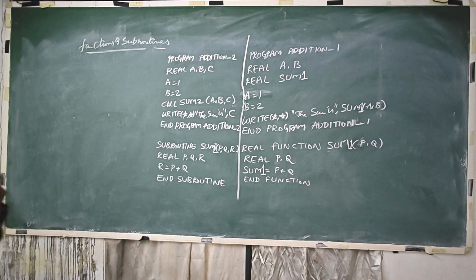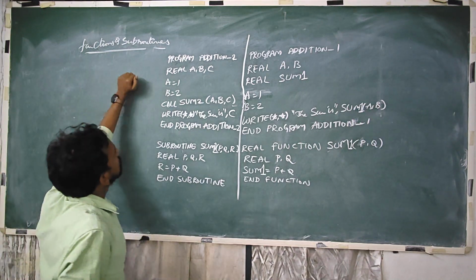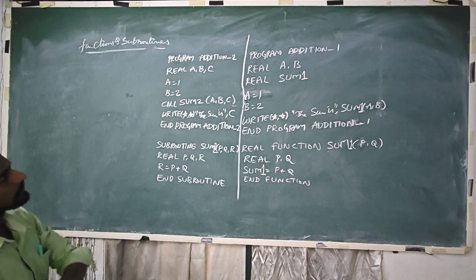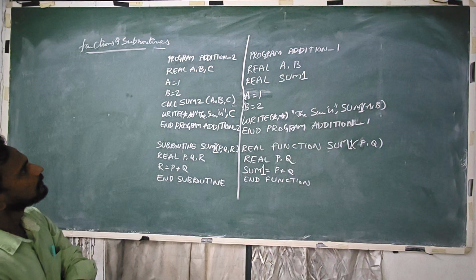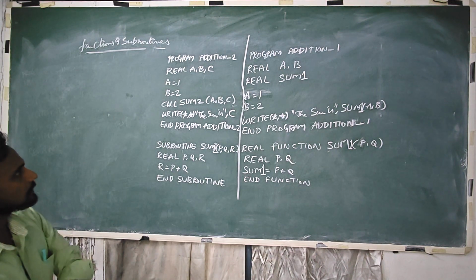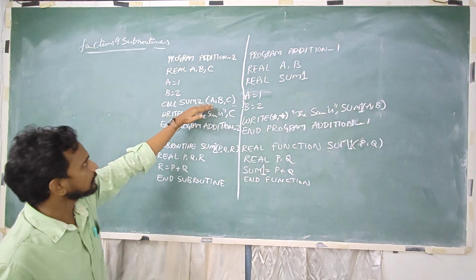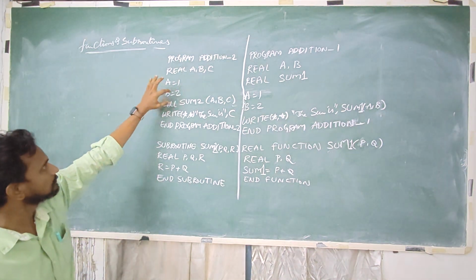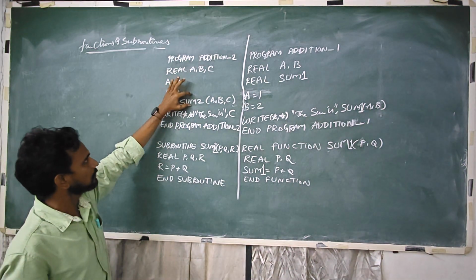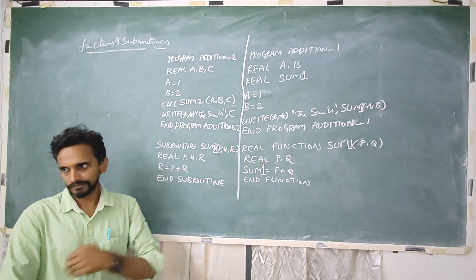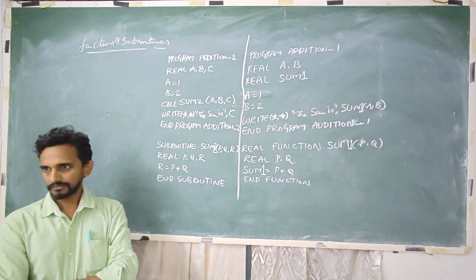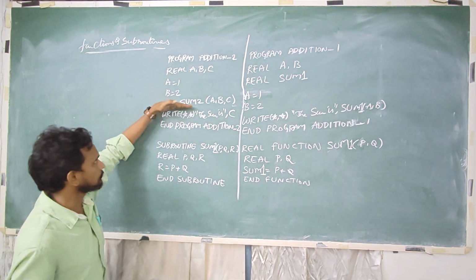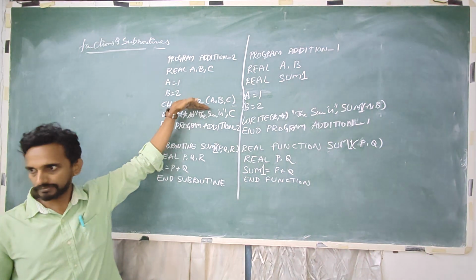Okay, so now we have to see the observations. So here the first thing, subroutine stops the main program completely and calls the subprogram. So we have to stop the main program and call the subprogram.